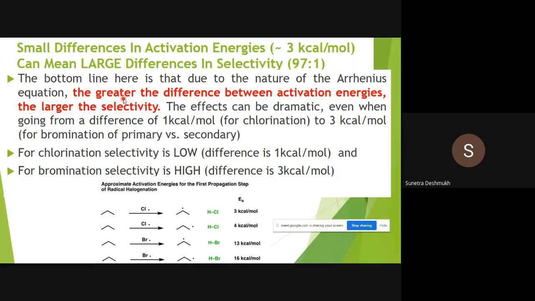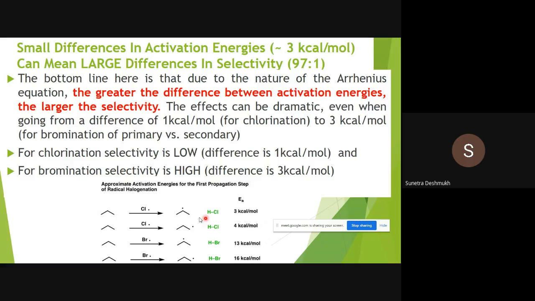A small difference in energy of activation means a small difference in selectivity, which we see in chlorination. In the K step, homolytic CH bond breaking, only 1 kilocalorie per mole is the difference.